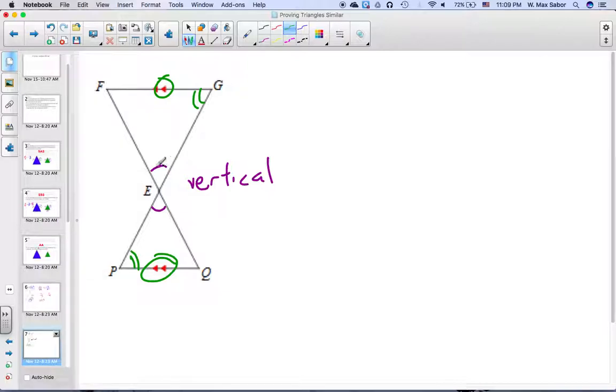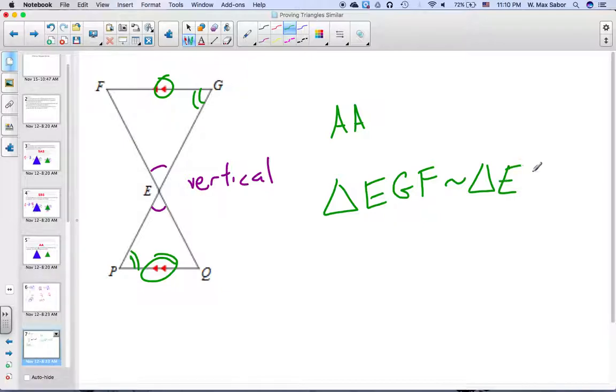So we have a pair of vertical angles, a pair of alternate interior angles, so then these are similar triangles by angle, angle. So I could say EGF is similar to, I need to go in the same order, purple, green, nothing, purple, green, nothing. That's saying those triangles are similar.